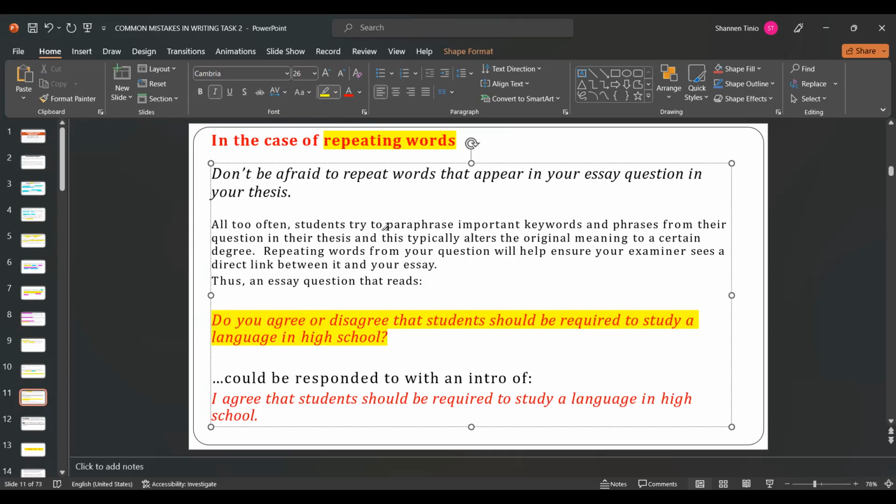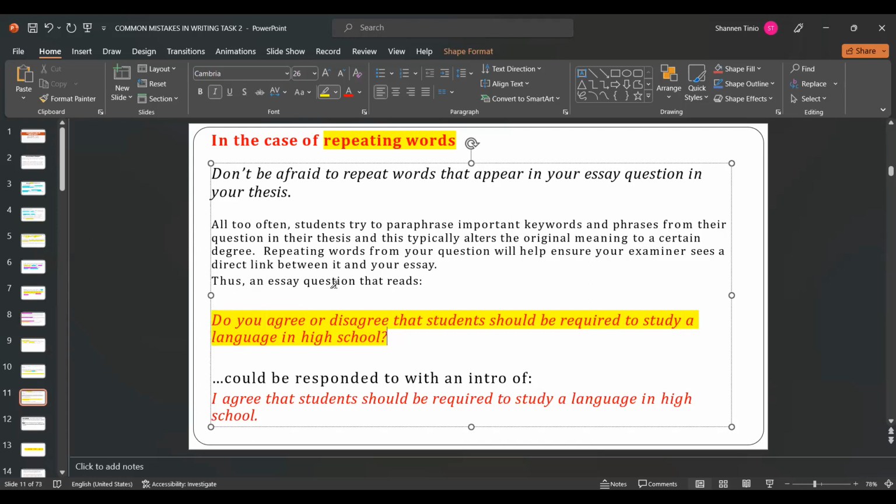All too often, students try to paraphrase important keywords and phrases from their questions in their thesis, and this typically alters the original meaning to a certain degree. Repeating words from your question will help ensure your examiner sees direct link between it and your essay. So, maaari ding maging problematic ang pagpaparaphrase ng important keywords sa introduction.